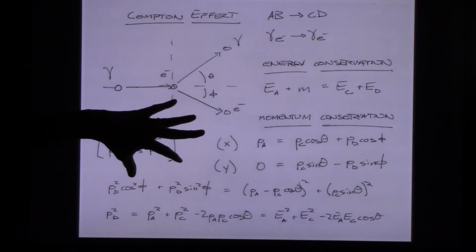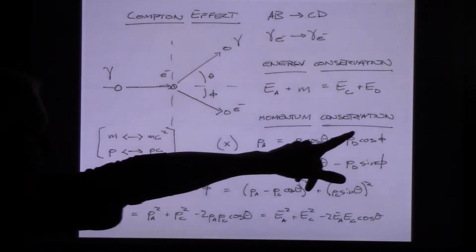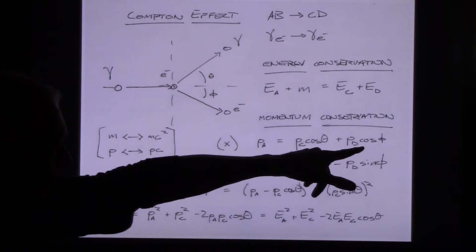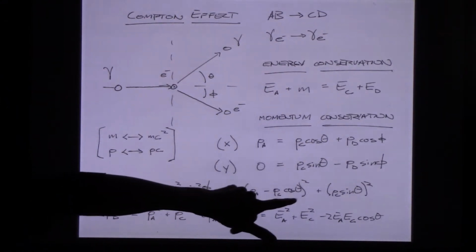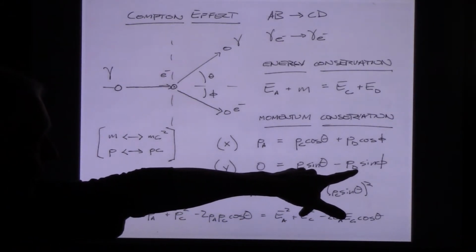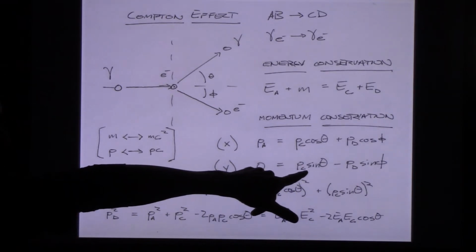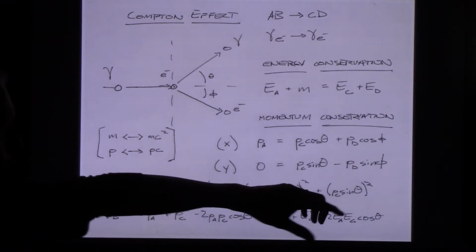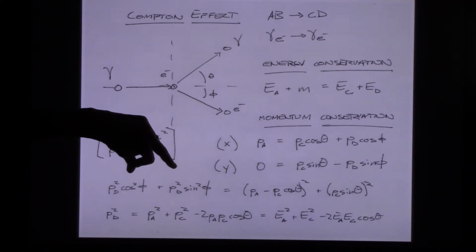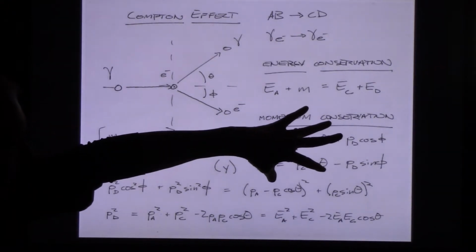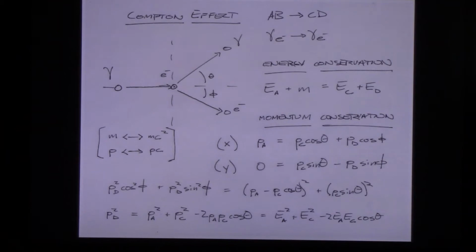Let's see what these two things equal. If I take that momentum of the electron, that's equal to PA minus PC cosine theta, and now I need to square that, and then here, the PD sine phi is equal to PC sine theta, I squared that. So here are the momentum components of the electron squared, and here are all of the rest of the momentum of all the other particles, is what it turns into.